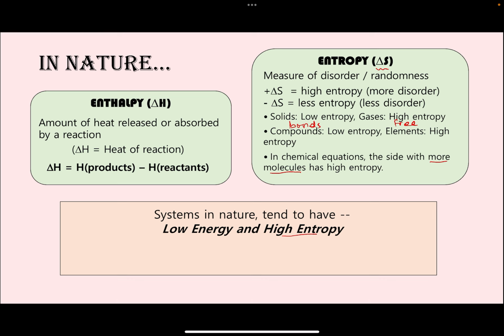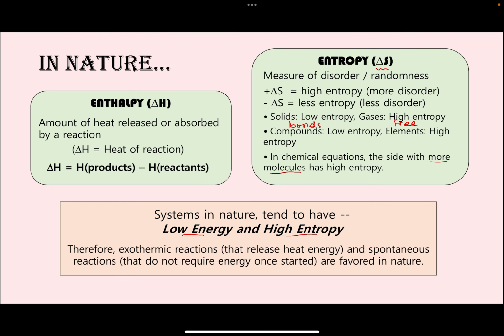For low energy, you can think about it by comparing two reactions. So let's say we have reaction number one that needs a lot of energy, and reaction number two that needs very little energy. Now, we need energy to start both of them. The one that needs less energy is going to be started first. So those are the reactions that are favored in nature, the ones that need less energy because they can happen faster.